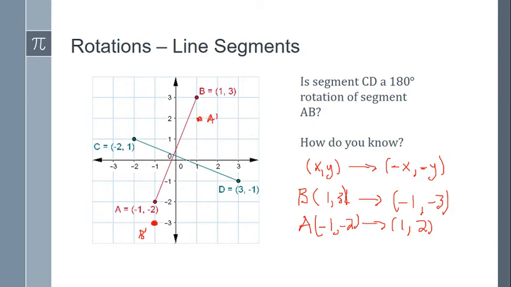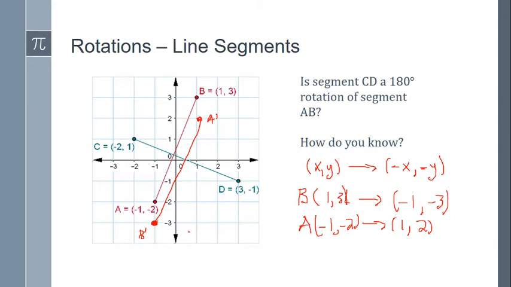And then we could go ahead and connect those 2 points with our line segment. And that's where, if we in fact performed a 180-degree rotation on line segment AB, this is where it would end up, not where CD is. Another thing you might have realized is that if I have a line segment like this and I perform a 180-degree rotation, I end up with those line segments being parallel to each other.